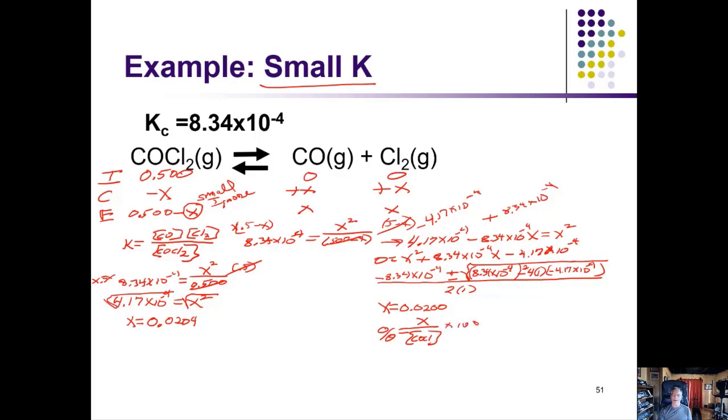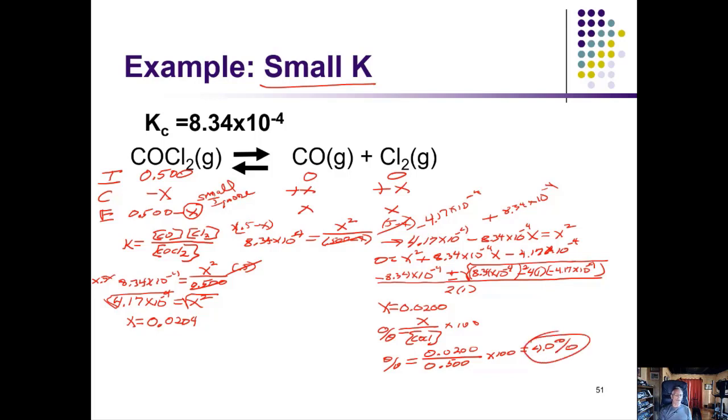So our percent is going to equal 0.0200 divided by our starting concentration, that's 0.500, times 100, and we get right on the nose 4%. So that's certainly cool.